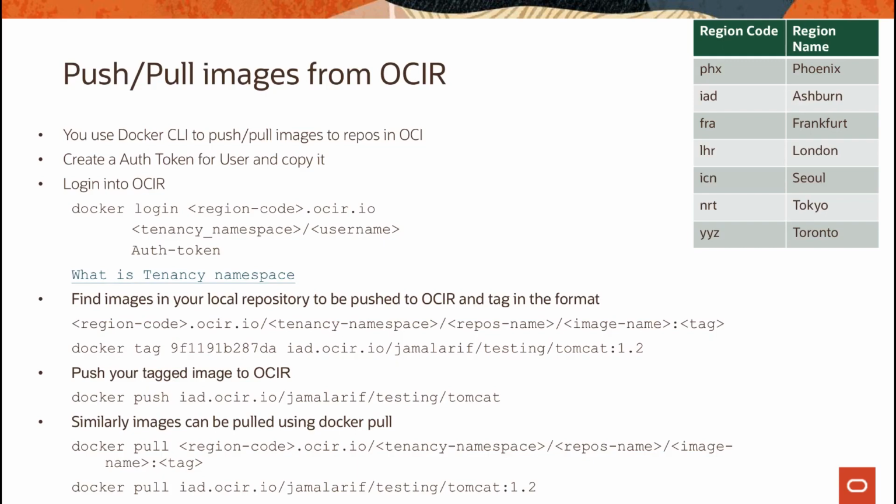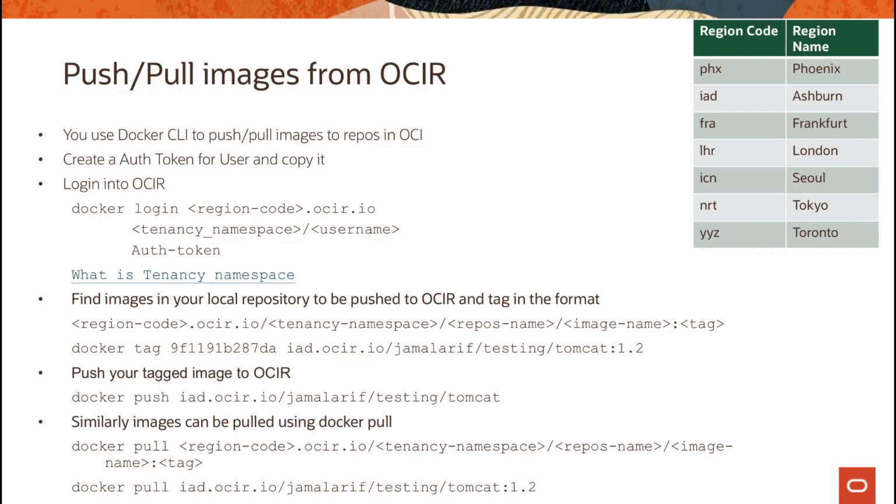You can create an authentication token via API or the console, and just remember to save the token the first time because it doesn't show up again, and then use that token when you log in to the OCIR registry service. And then we'll use the regular Docker commands like docker tag to tag the image, docker push to push the image to the OCIR registry service, and then pull the image using the regular Docker command as well.